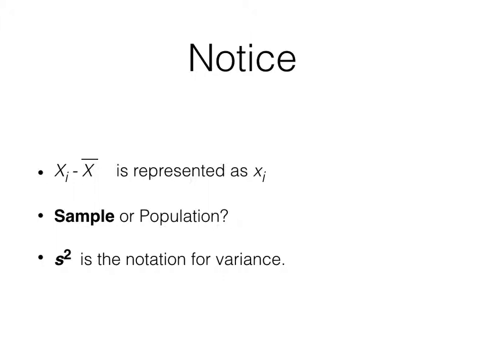The second thing to notice is that the formula is slightly different when we are working with a sample than a population. The variance for a sample is slightly larger always than the variance for a population. Remember, when you take a sample, you can never be 100% sure that you're representing the entire population.